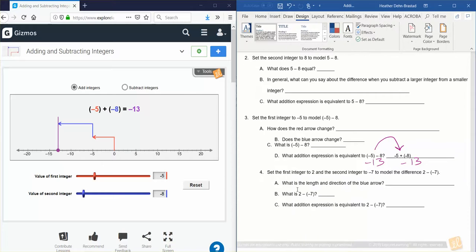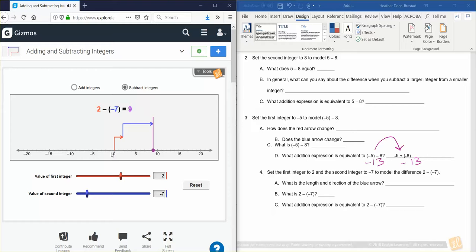All right, let's look at what happens when you have a positive number minus a negative. Here we have 2 minus a negative 8. I'm going to change that to a negative 7 so it matches the worksheet.